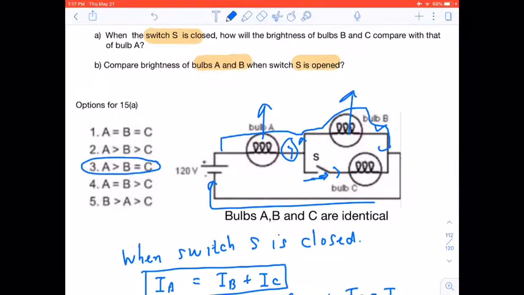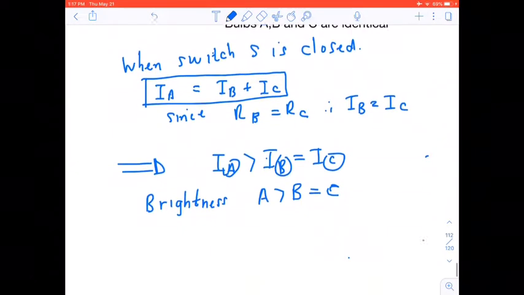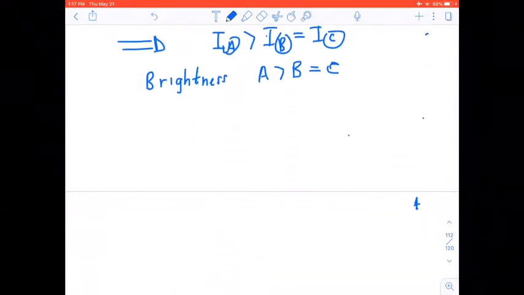And what do we know about when bulbs are connected in series? It is the same current, there's one conducting path, and when resistors are connected in series, they are potential dividers. But in this case, since bulb A and bulb B are identical, they will have the same voltage. Is it not? Because if we have 120 volts here, that means each bulb will have a voltage of 60 volts, since they're equal. Right?